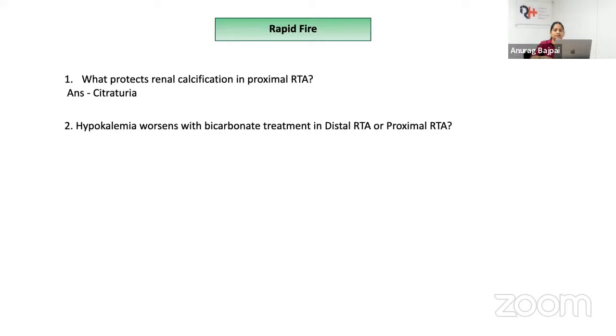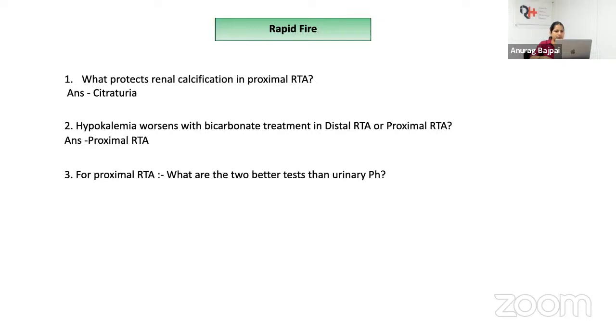Now, the hypokalemia worsens with bicarbonate treatment in distal RTA or the proximal? This is the simplest question, I think. Proximal RTA, definitely, it's the proximal RTA. Next question, for the proximal RTA, what are the two better tests than the urinary pH?